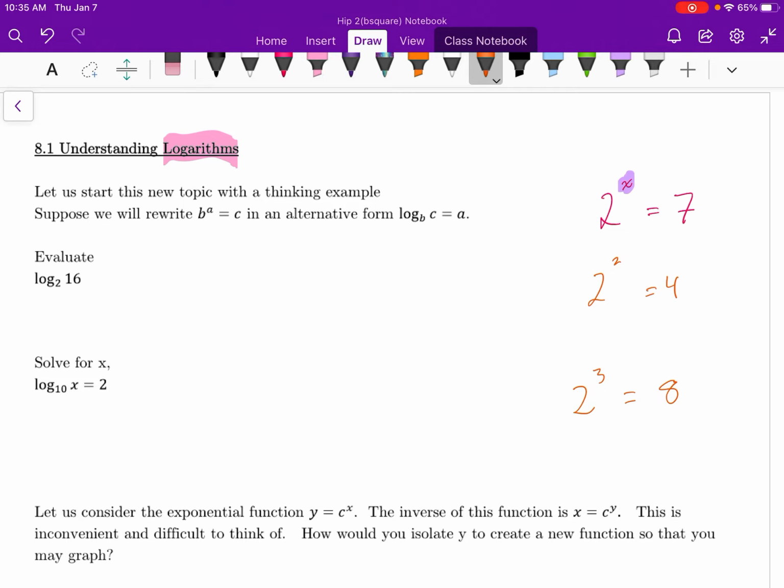So 2 to the power of x is equal to 7 has to be somewhere between 2 and 3. So now I can say, well, how about 2 to the power of, I don't know, 2.9? Maybe that's 7. I could try this approach, but it's really guessing.